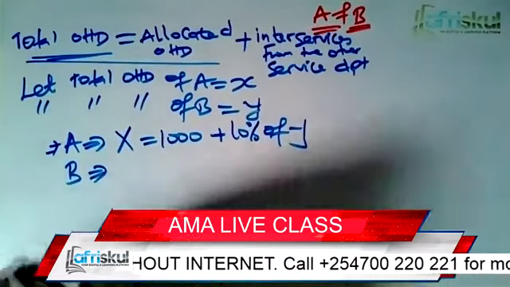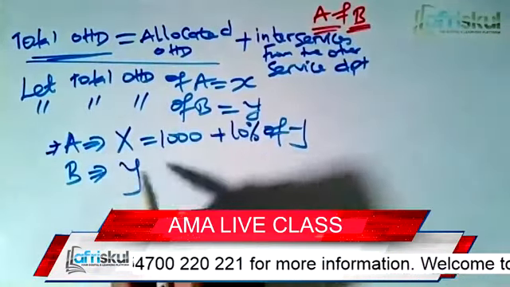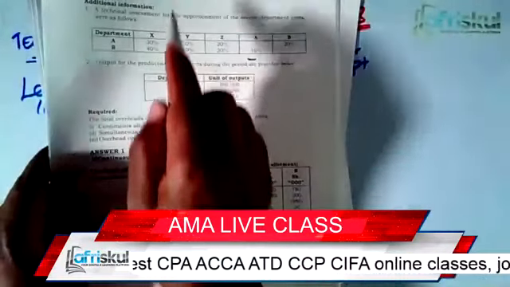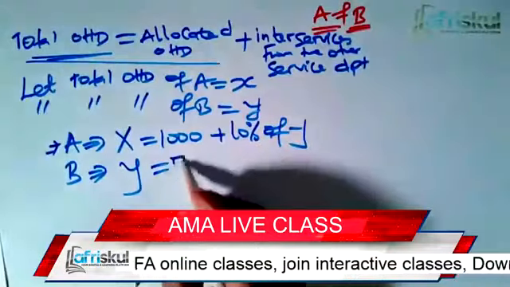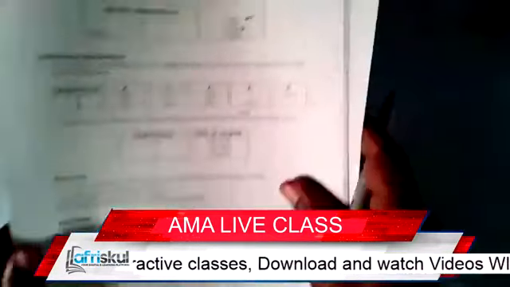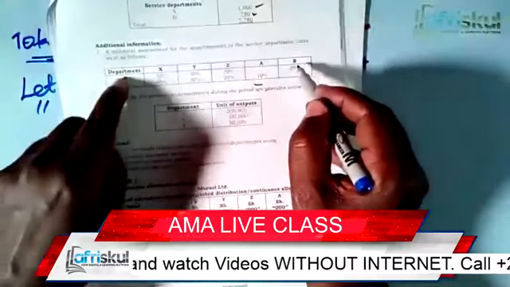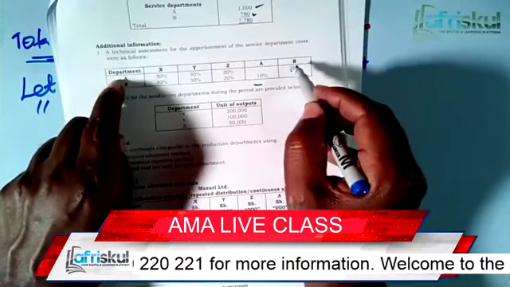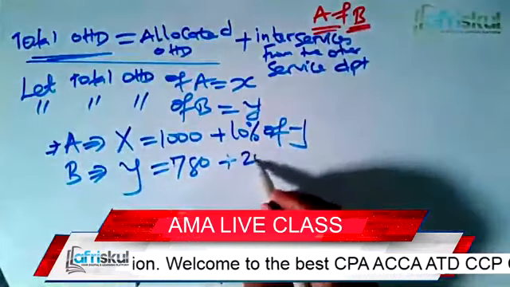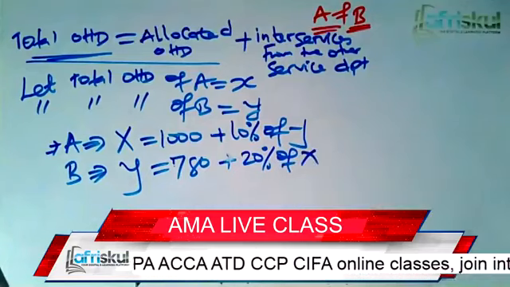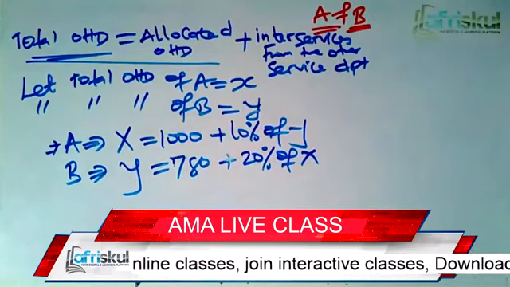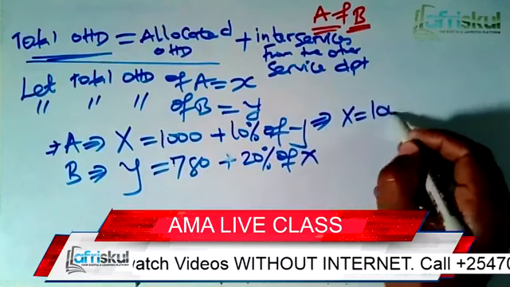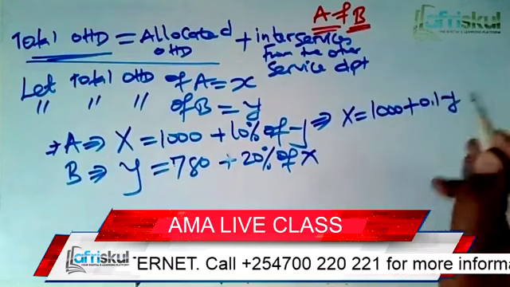The total overhead of B, we have said, let it be Y, which will be equal to the allocated overhead of B, which is 780, plus the inter-services. You can see B is being served by A, so it can only be proper if B takes 20% of A's overhead, which is X. Ladies and gentlemen, X will boil down to X equals 1,000 plus 0.1 Y.